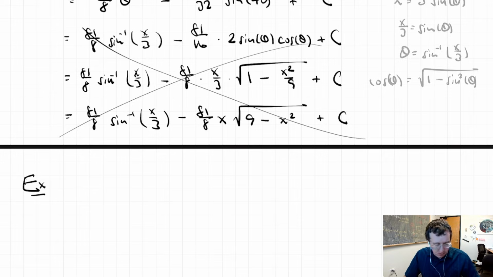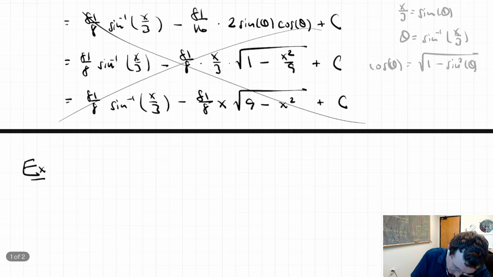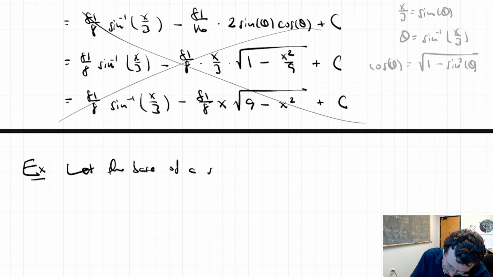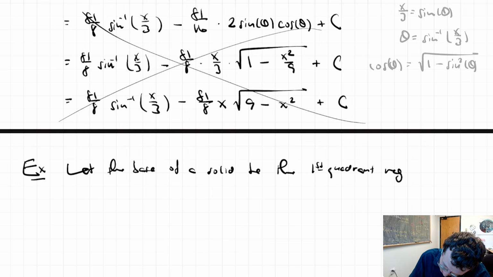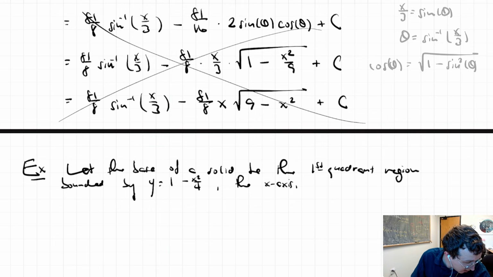I'm surprised they don't. All right, well, here's a problem. We're going to let the base of a solid be the first quadrant region bounded by y equals 1 minus x squared over 4, the x-axis, and the y-axis.